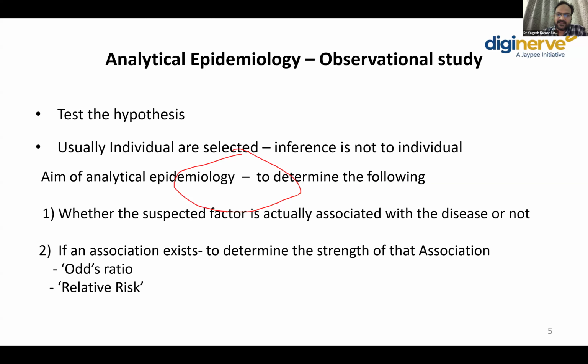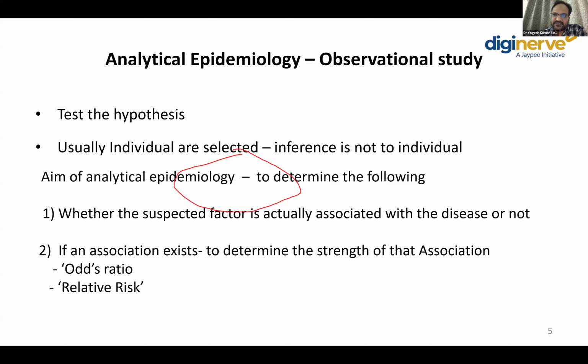Okay. And the aim of this analytical study is that we have to identify the risk factor. We have to make a relationship between the risk factor and the disease, whether the risk factor is associated with the disease or not. The second one, we have to determine the strength of association.